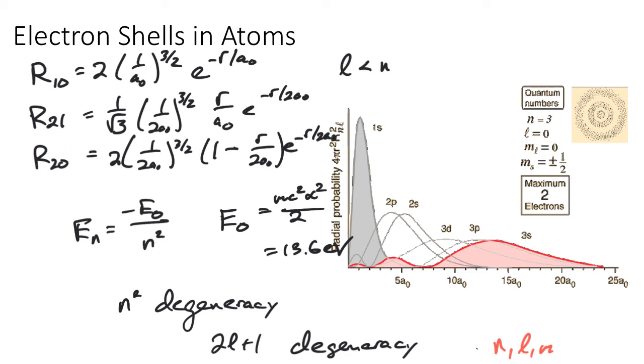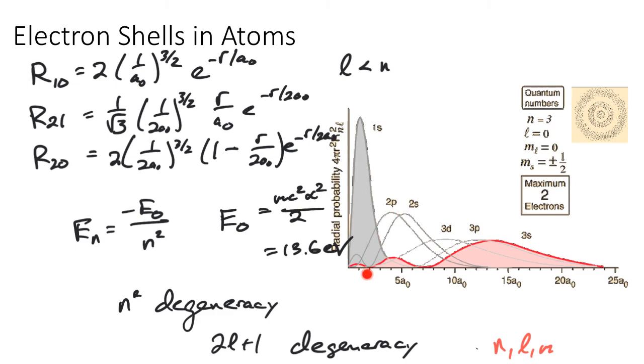These R values squared for the various states, multiplied by R squared as well, to take into account the volume. So the 1s state has this peak at a naught. It's where it's all mostly located.